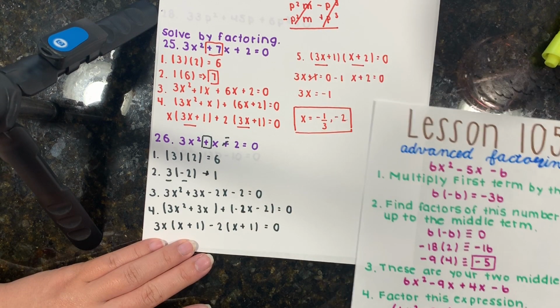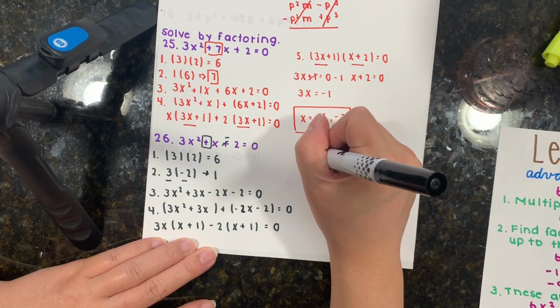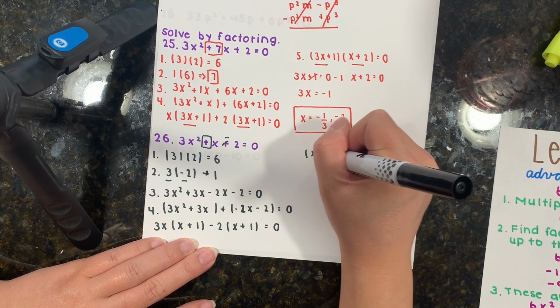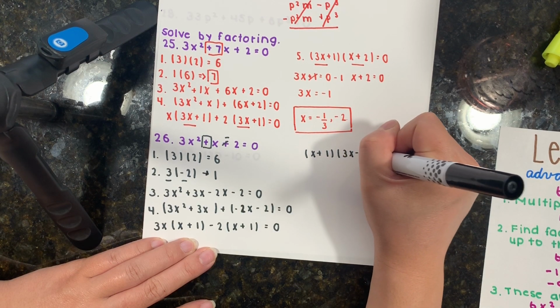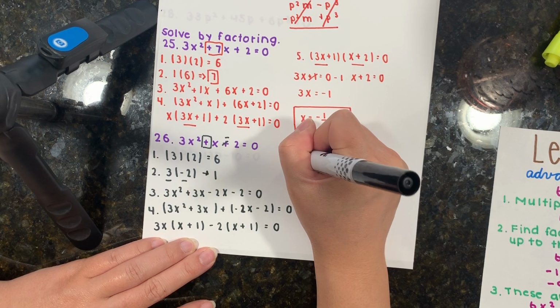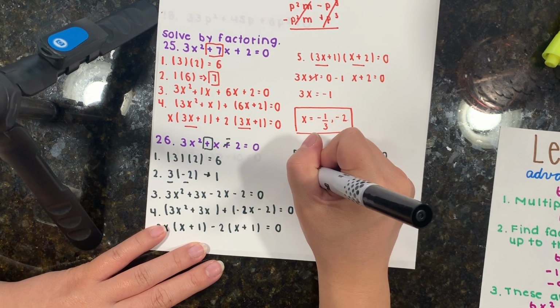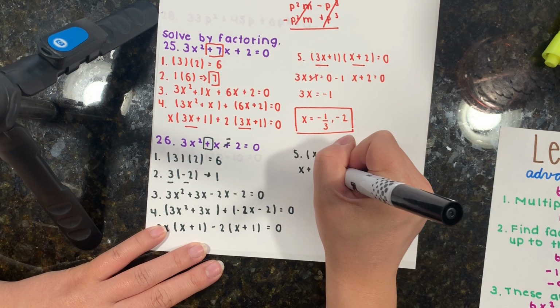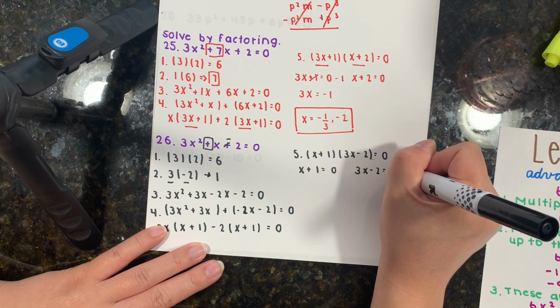You're going to factor out the like expression, which means that you're going to have x plus 1 times 3x minus 2. And to solve for x, you're going to set each of these equal to 0. So you're going to have x plus 1 equals 0, and then 3x minus 2 equals 0.